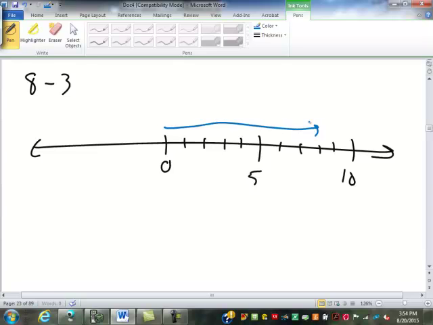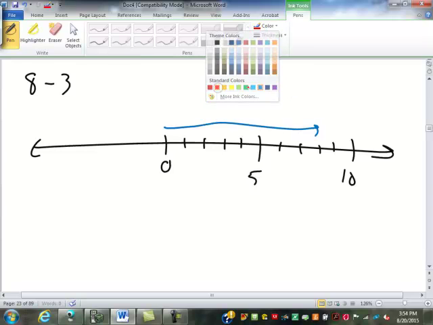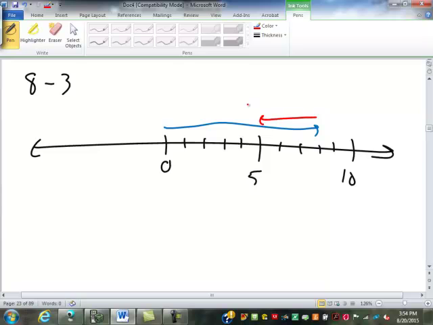There's 8, we'll go back 3. We all know that 8 minus 3 is 5, right? But that picture looks suspiciously like the picture I would draw for 8 plus a negative 3. Because it is.